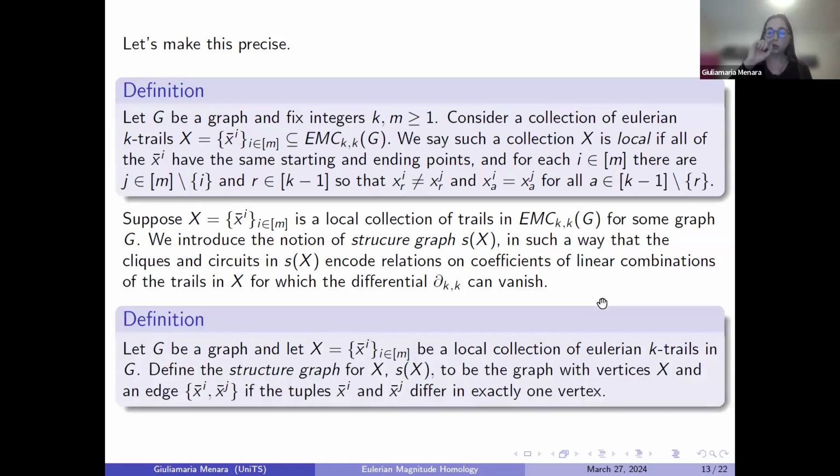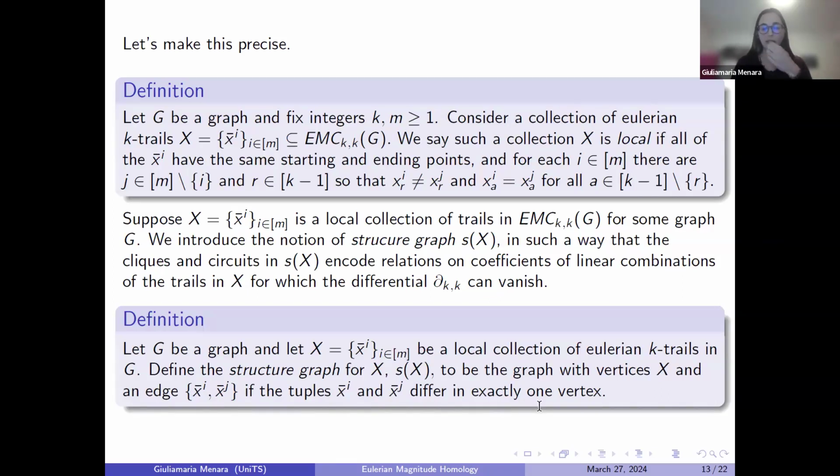So we're going to construct this structure graph starting from a local collection of k trails. And it's going to be constructed in this way. We're going to have one vertex in the structure graph for each trail in the collection, so m vertices. And then we're going to add an edge between two vertices in the structure graph if the tuples xi and xj in the collection differ in exactly one vertex.